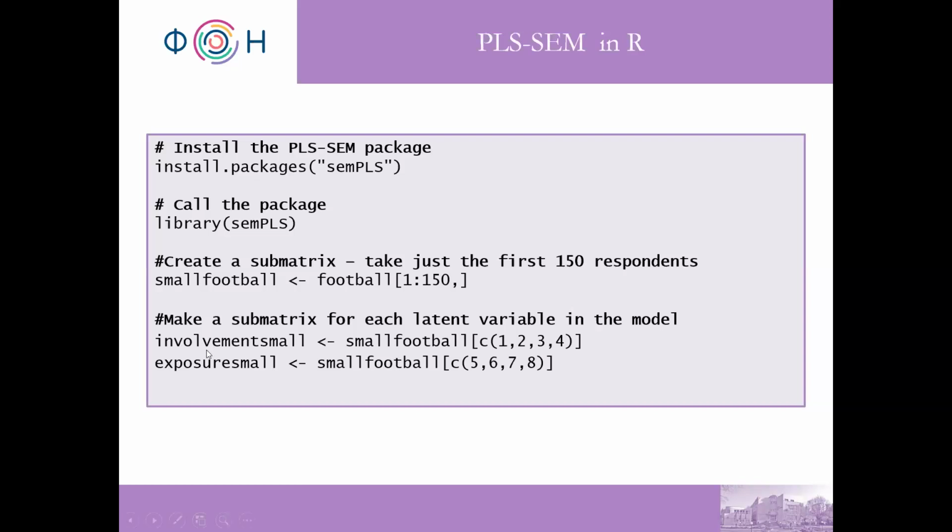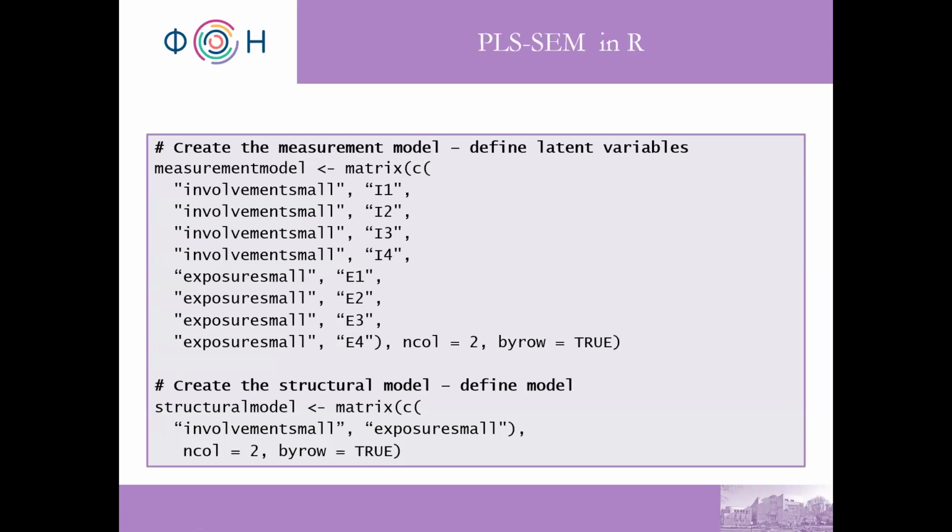Here, the algorithm and the code itself require making submatrices. So we will have to make a small submatrix for each latent variable in the model. As you can see, the syntax for creating our latent variables is way more complex than it was in covariance-based modeling.